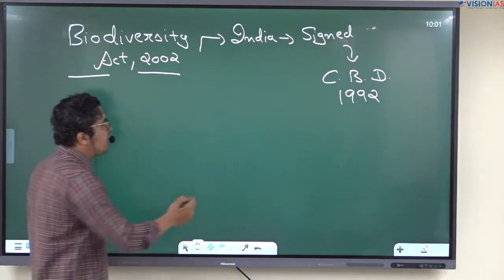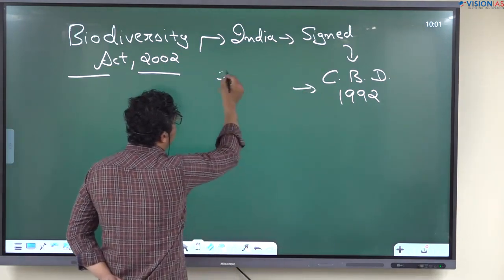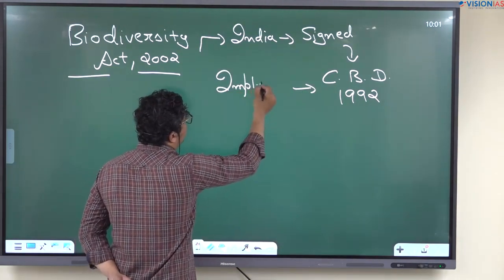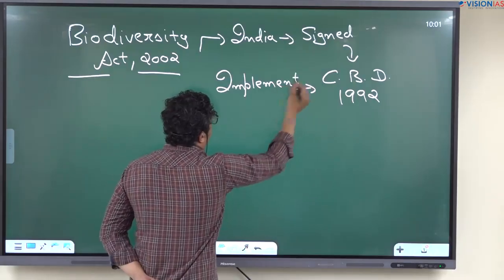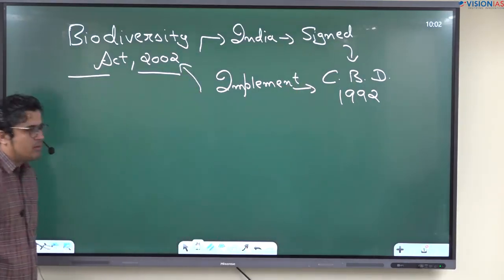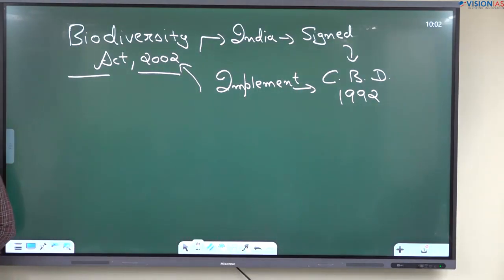If India wants to implement CBD in our country, we need to make an act first. Just signing an agreement will not implement it in our country. You have to make an act for that.